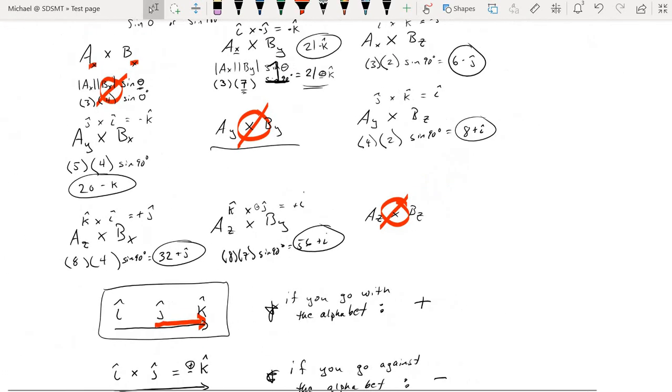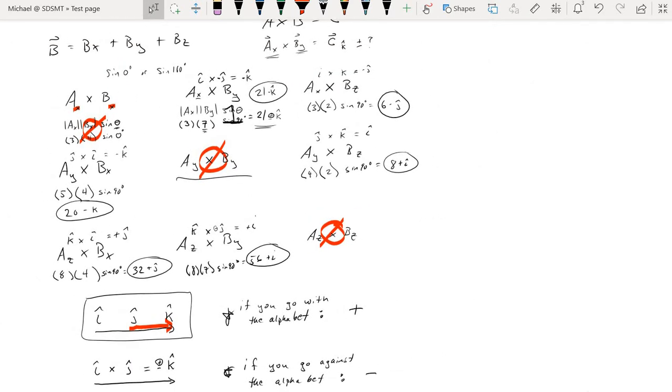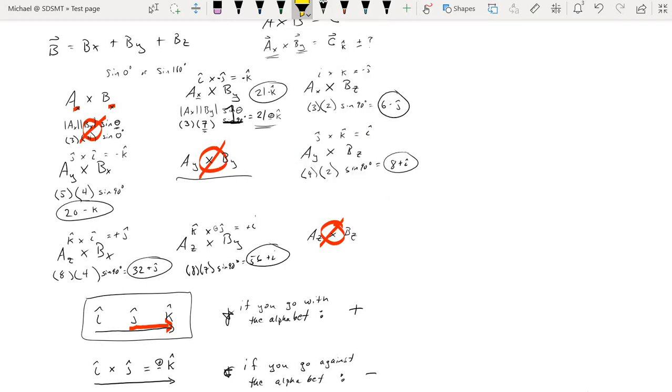Now, why are we being so critical about the I hat, J hat outcome? Well, because now I have 6 different values on the page which need to be combined based on their term.